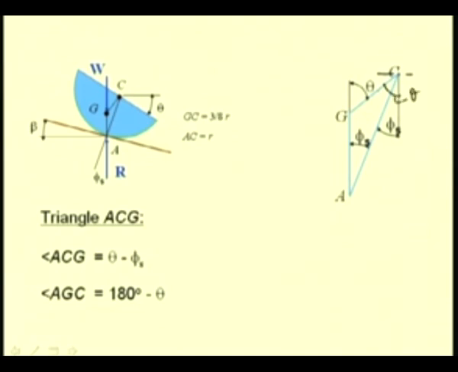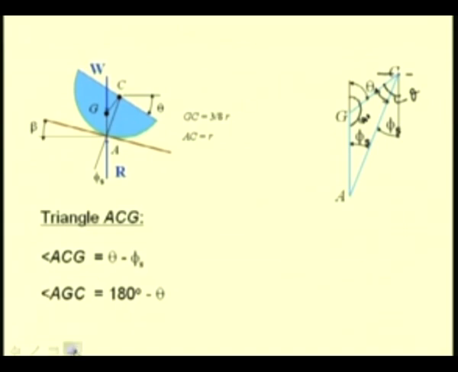So, this angle is theta minus phi s, and this angle AGC, the total angle, is 180 degrees minus theta.